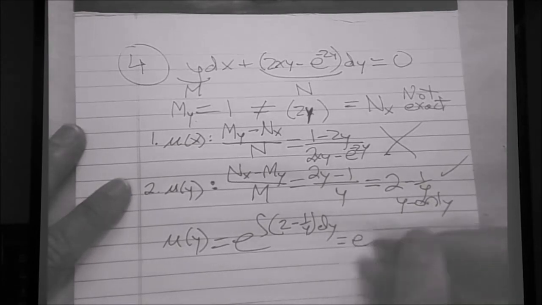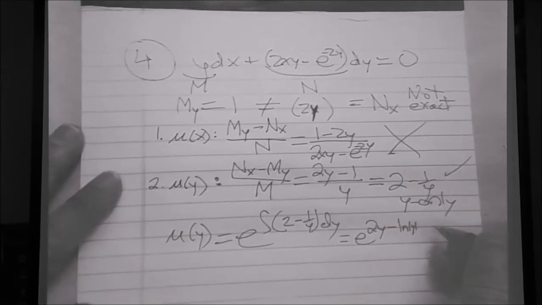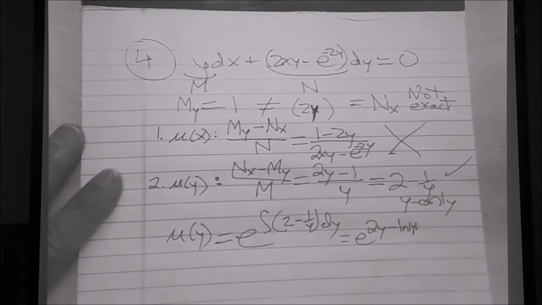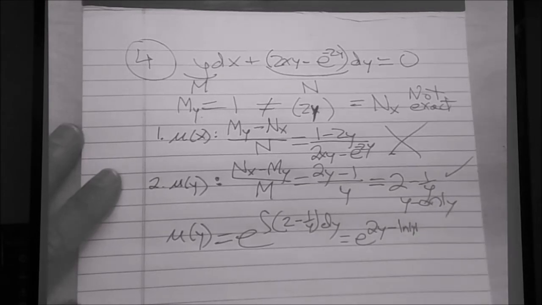Well, integral of 2 is 2y. Integral of minus 1 over y is minus ln absolute value of y. And then you can put an arbitrary constant on here, but I'm not going to bother because I don't need every possible integrating factor. I only need an integrating factor. So here's one when I choose the constant equals 0. Now I have to do less writing than if I picked any other constant. Well, let's see if we can simplify this.